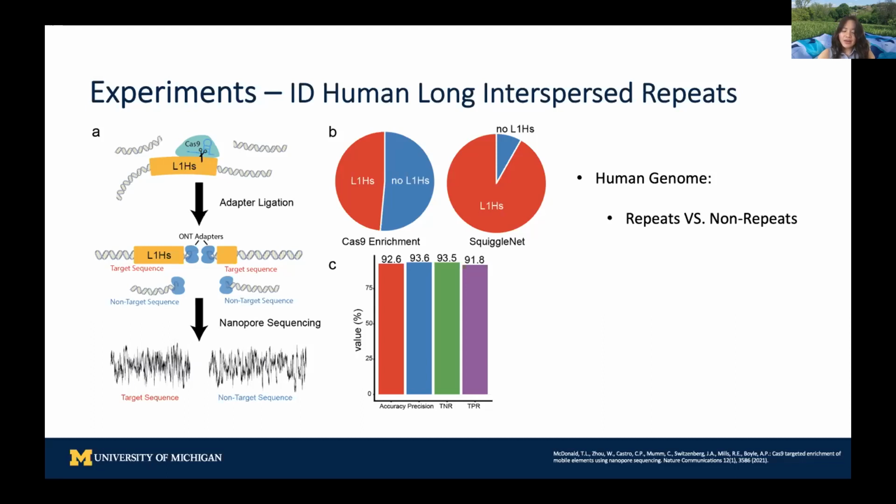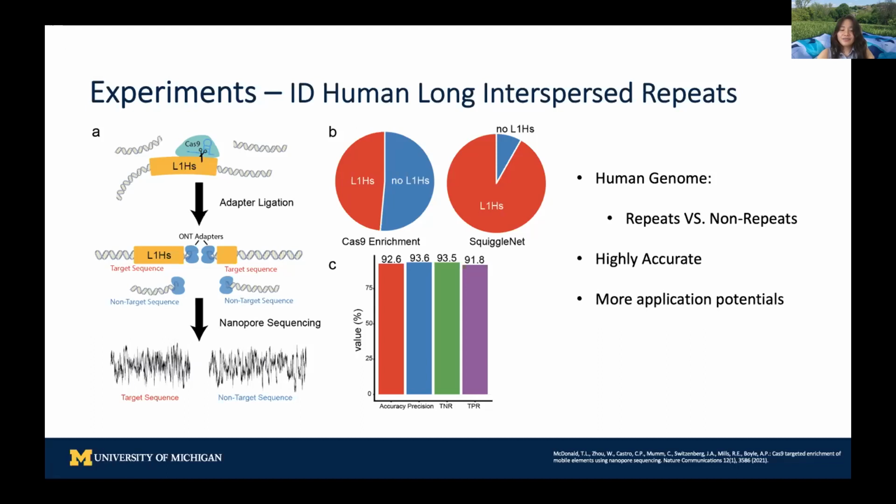This experimental enrichment is effective, but still achieves less than 50% of reads containing the repeats of interest, whereas SquiggleNet easily achieved over 90% accuracy using only 3,000 signals per read.